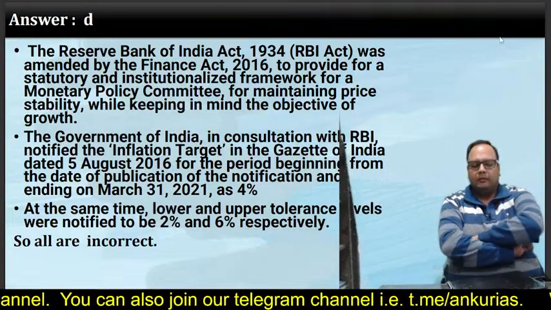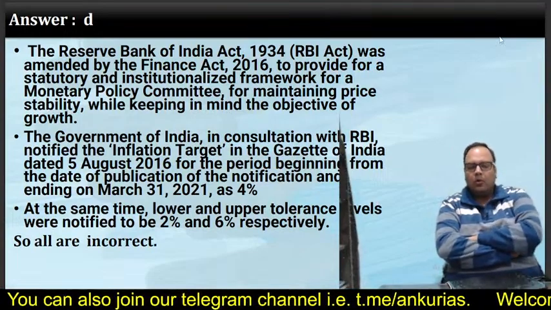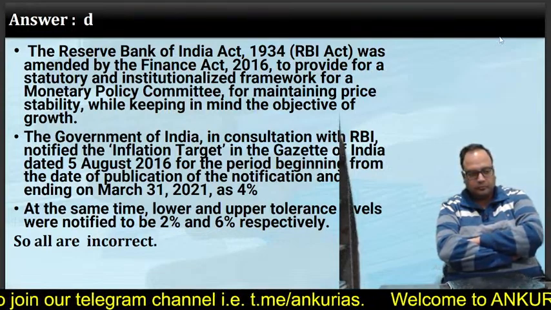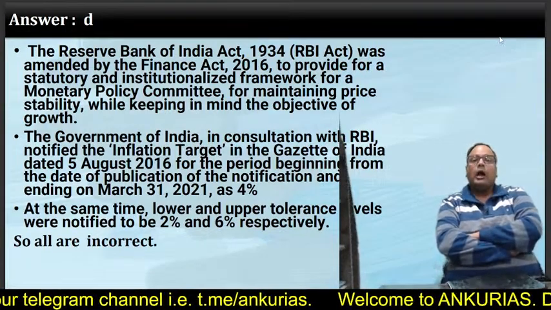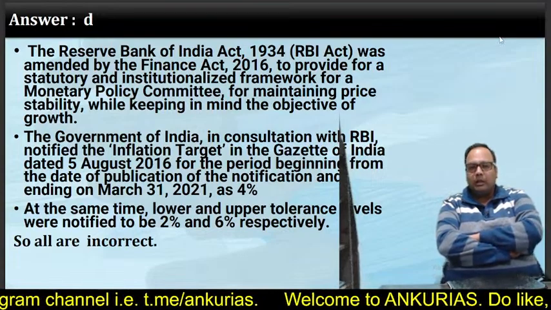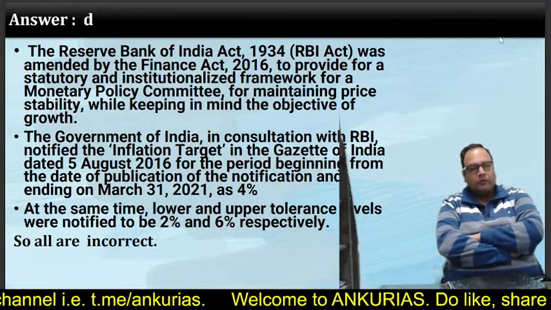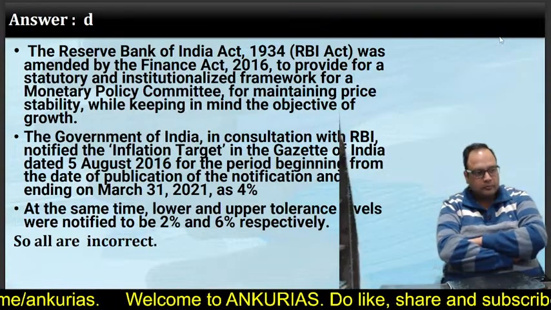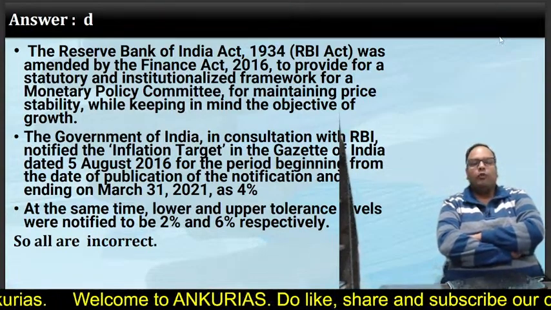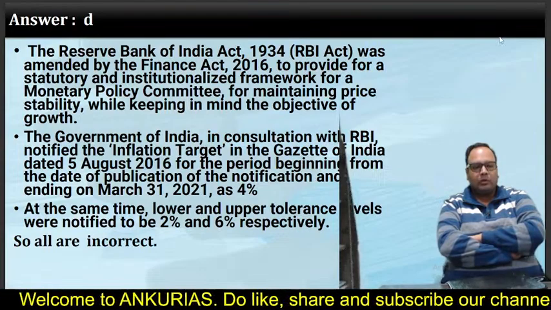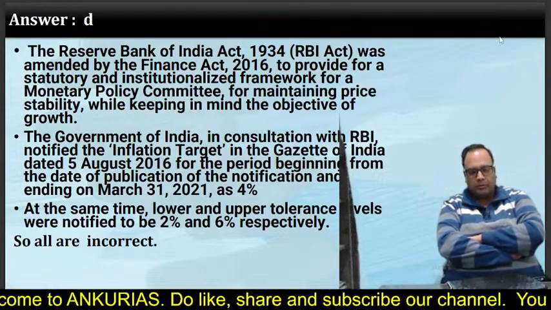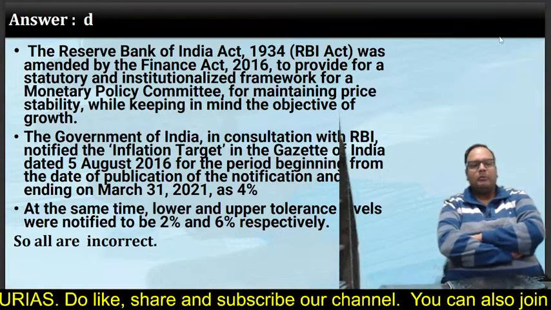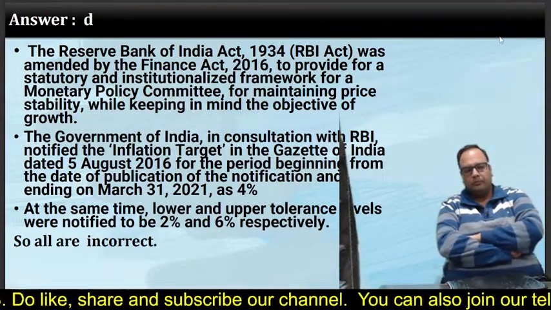Right answer is D. All the statements are incorrect. The RBI Act is not 1949, it is 1934, which was amended by the Finance Act 2016, right, to provide for a statutory and institutionalized framework for a monetary policy committee for maintaining the price stability while keeping in mind the objective of growth.